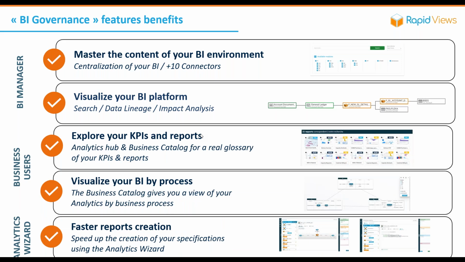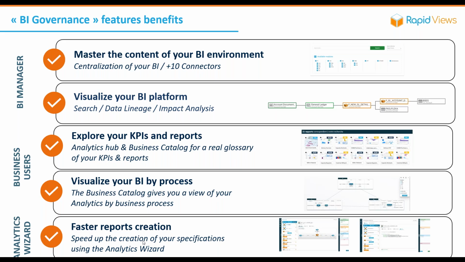For the business user, we have this concept of KPI hub and report hub. You will be able to see all the information available per process or per division or per service. And thanks to our analytics wizard, you can select and drag and drop any information, and it will give you the list of all the different possibilities, all the different CDS views, cubes, whatever you can reuse or modify to be able to answer any question.